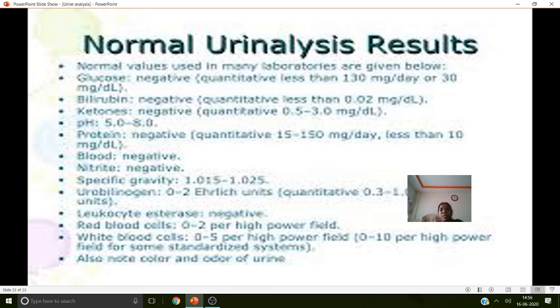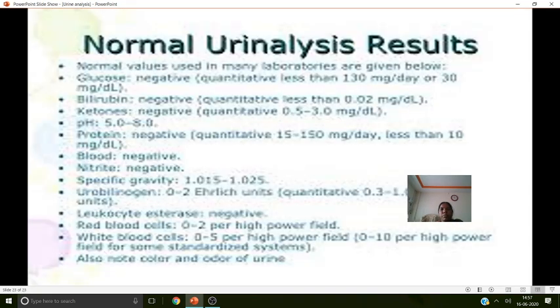Red blood cells are 0 to 2 per high power field, and white blood cells are 0 to 5 per high power field. Also read the color and odor of the urine. So these are the normal values of urine. You will have them in your books also, so that you know the normal values. Then it is easy for you to understand the changes.